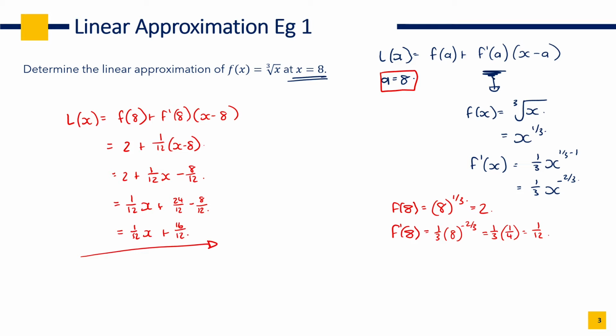Now we can go and ask, what is the y value at x equal to 7? We can put 7 into this equation and solve for it, and that's what we're going to do next.